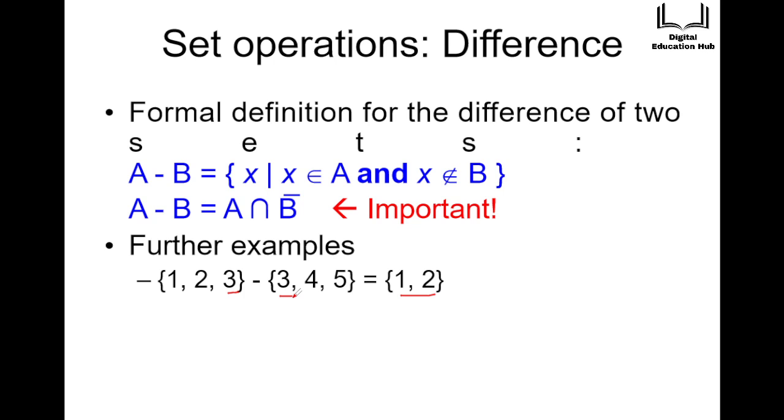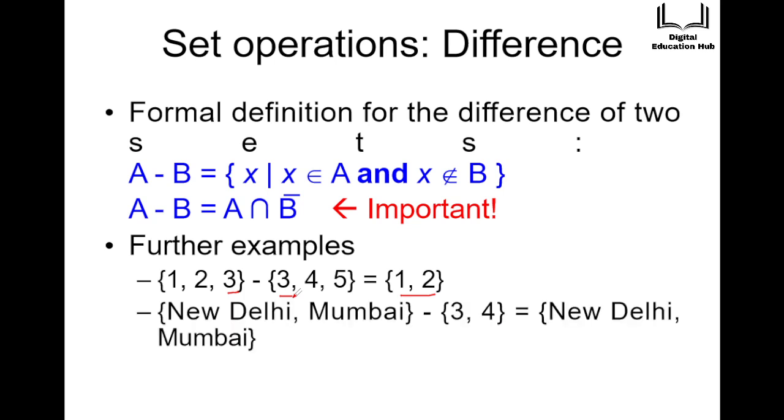The next case is New Delhi, Mumbai, the first set, minus another set. You write down the elements of the first set except the common element. Nothing is common between set 1 and set 2, so the result would be New Delhi, Mumbai. Similarly, 1, 2 minus null results in 1, 2.